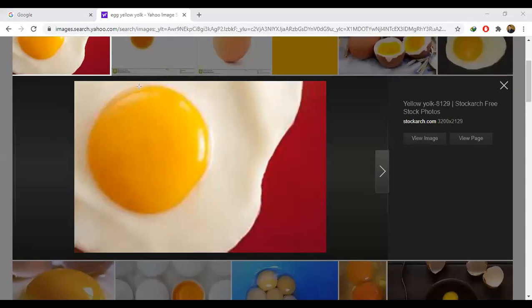This is about a 2 centimeter diameter, one cell. Understood?